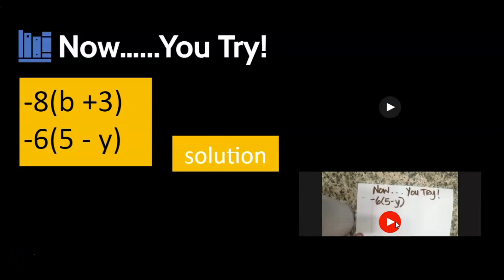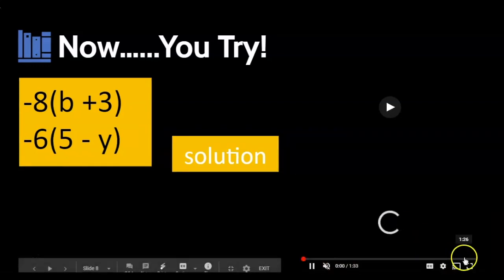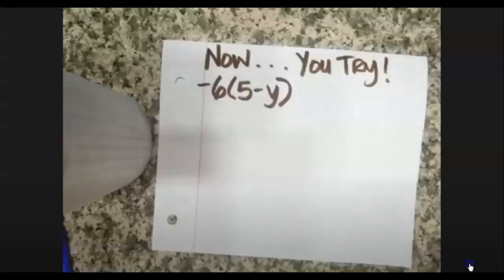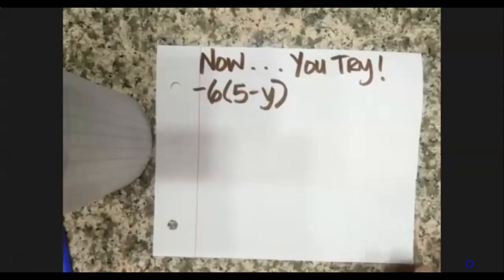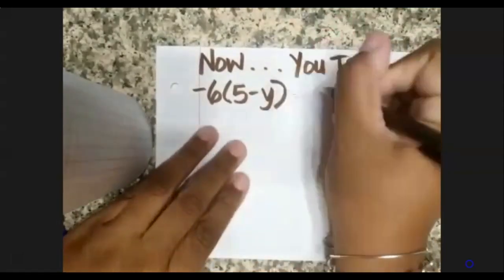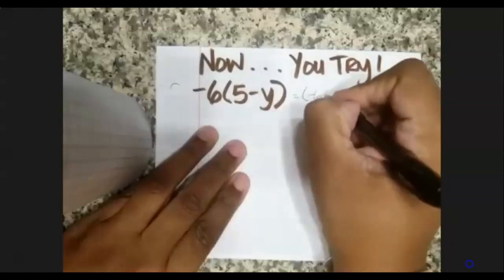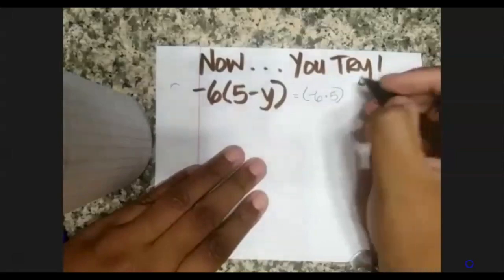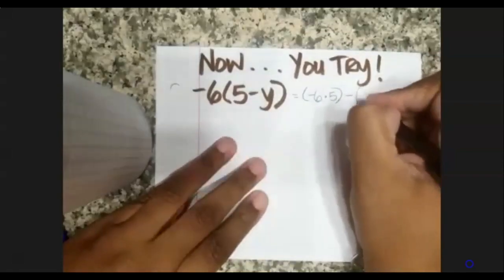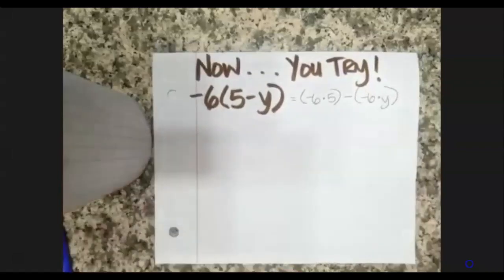Let's look at the solution to the second expression, -6 times 5 minus y. So I'm going to multiply negative 6 times 5, minus, because that is my operation inside my parentheses, negative 6 times y.